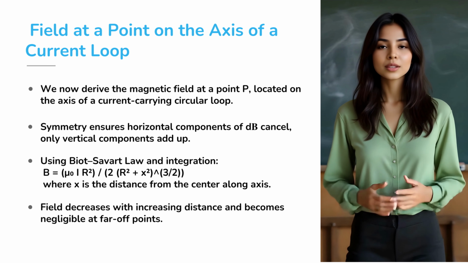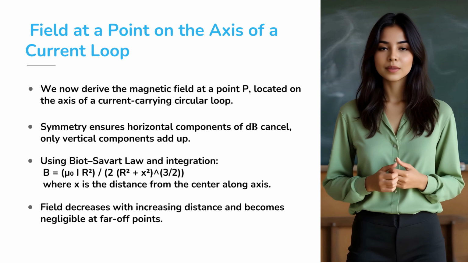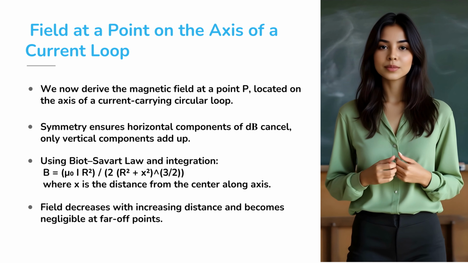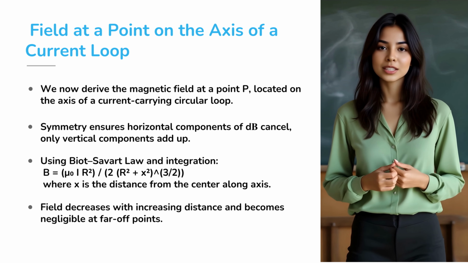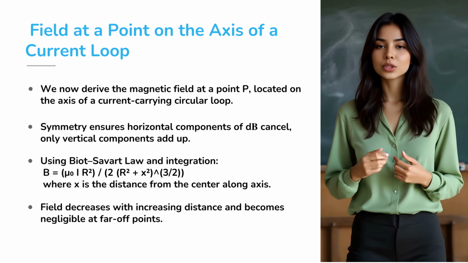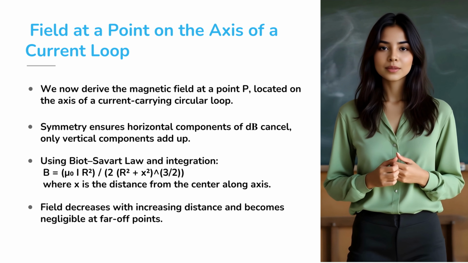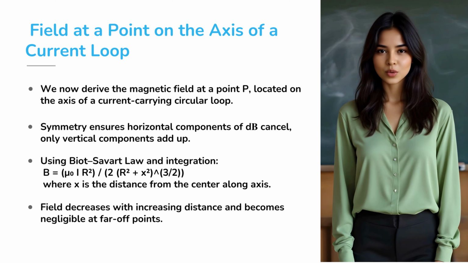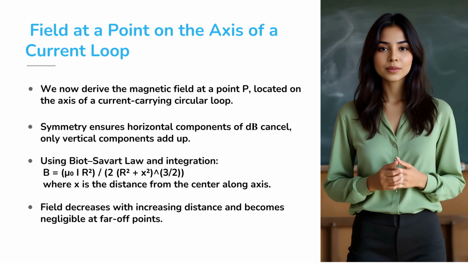Now let's derive something a bit more involved: the magnetic field at a point on the axis of a circular loop. Suppose the point is at a distance x from the center along the axis. Here too, symmetry is our friend. The horizontal components of the field cancel out and only vertical components add up.